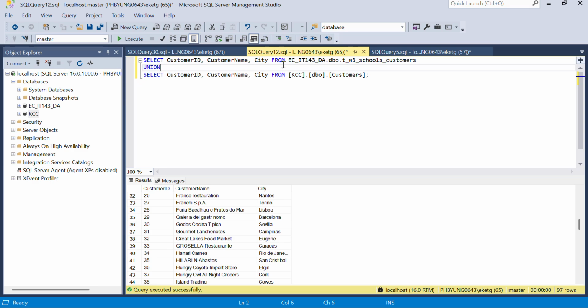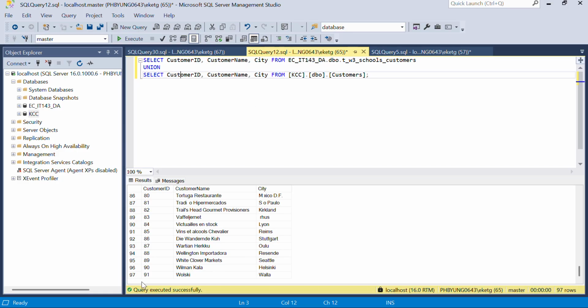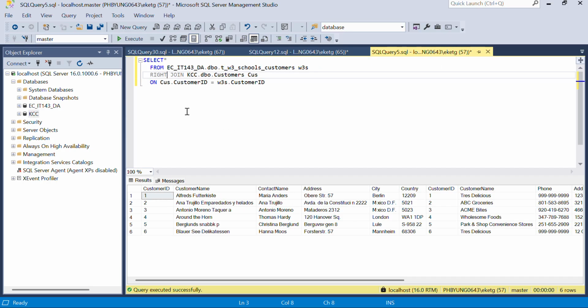So you see here, all these tables have the same columns: the customer ID, customer name, and city, and that's why it combines all. Here the total data is 6, and if you check here, the total data is 91. So it combines all. That is what I've learned so far about union, intersect, right join, inner join, and left join.